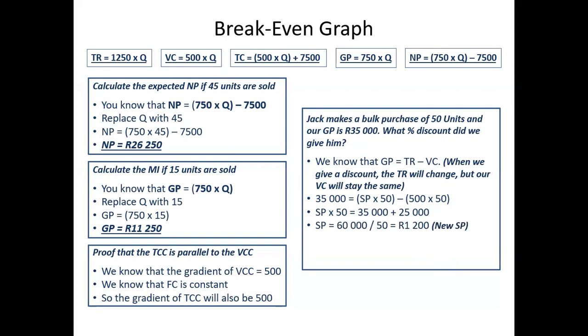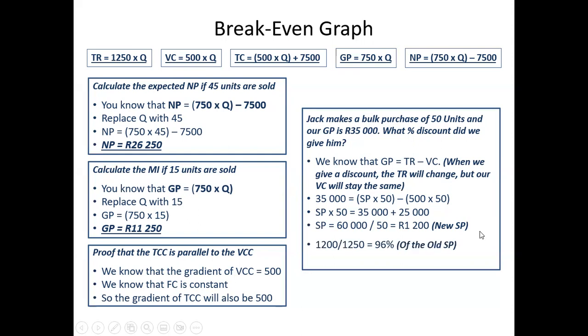And then the only thing I want to do is divide both sides of the equation by 50. So 60,000 divided by 50 is 1,200. And so we now know that I sold the units to Jack at 1,200 per unit, as opposed to the normal price of 1,250. So really, I only gave him a 50 Rand discount per unit.